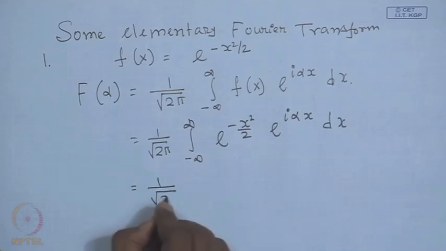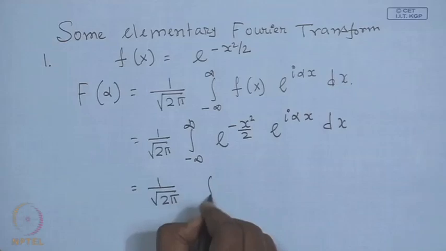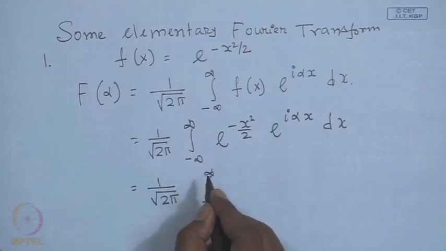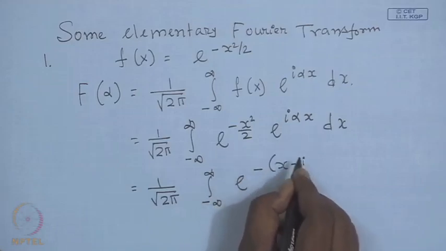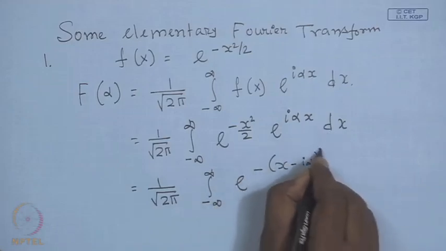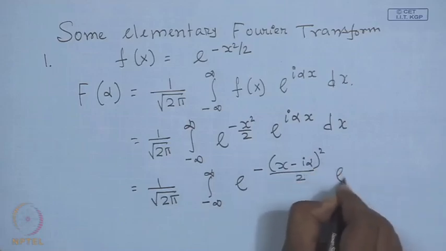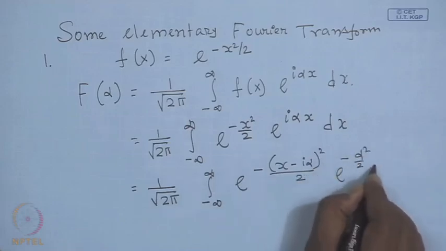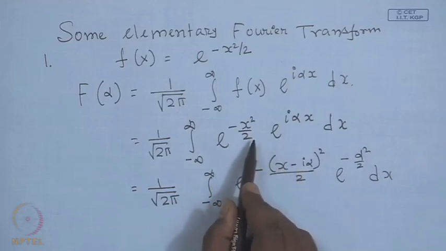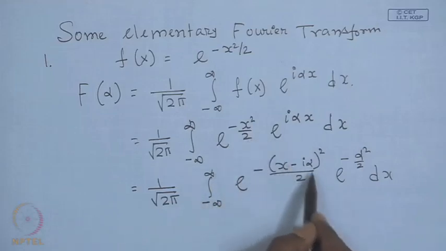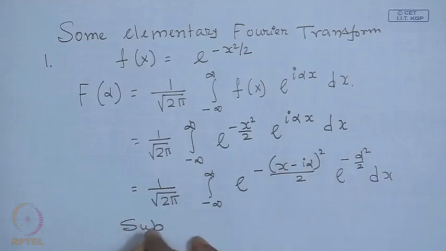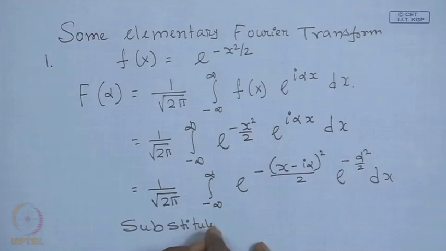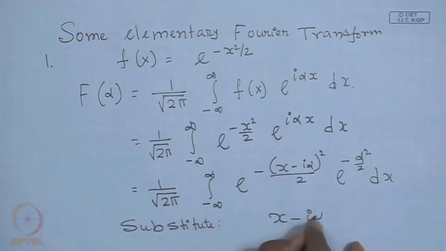So, you will have 1 over root 2 pi, integral from minus infinity to plus infinity of e to the power minus (x minus I alpha) square by 2, times e to the power minus alpha square by 2, dx. We can write these two terms in this form. Then we substitute (x minus I alpha) by root 2 equal to t.